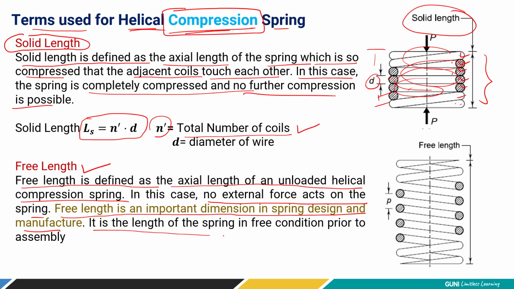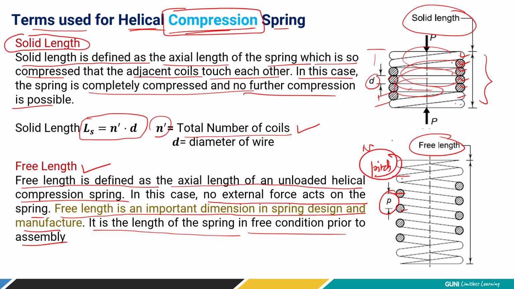It is the length of a spring in free state or free condition prior to assembly. जब भी उसके ऊपर कोई फोर्स नहीं है, वो वैसे ही है, in that case it is referred to as free length, no load, right? So here in the free length situation, each turn of coil is separated by a certain linear distance, which is uniform. That distance is called pitch, right?